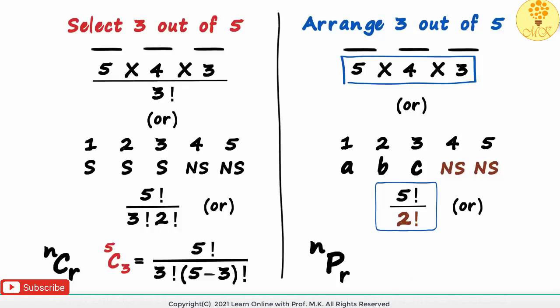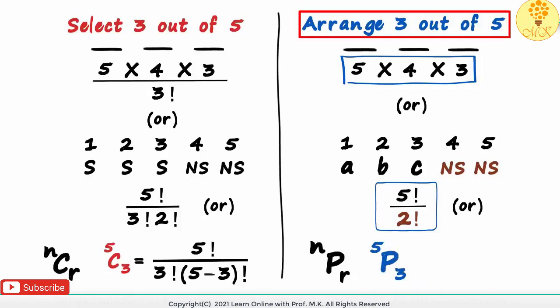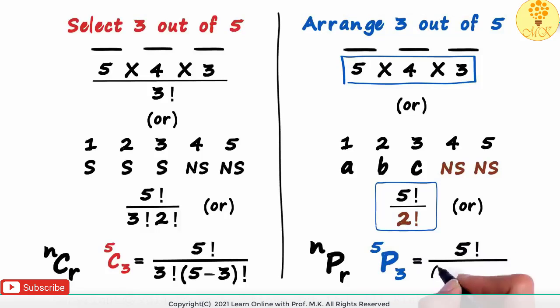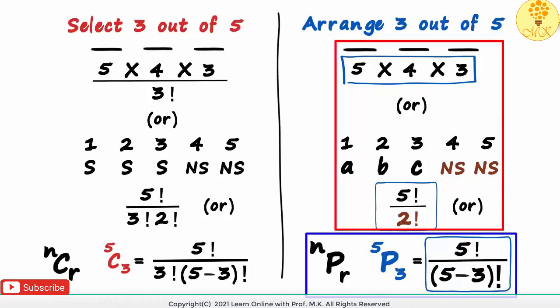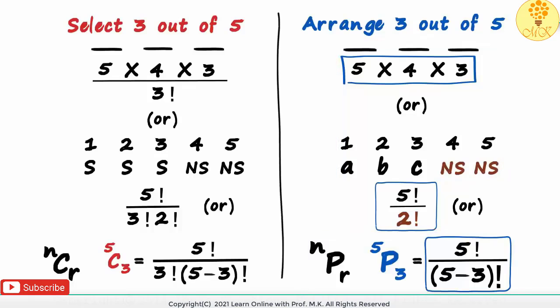Here, as we have to arrange 3 out of 5, it will be 5P3. Based on the formula, it will be 5 factorial divided by 5 minus 3 factorial. This will also give us the same answer. So by now, either using logic or using the formulae, you should know the different ways in which we can approach any problem based on permutations and combinations.